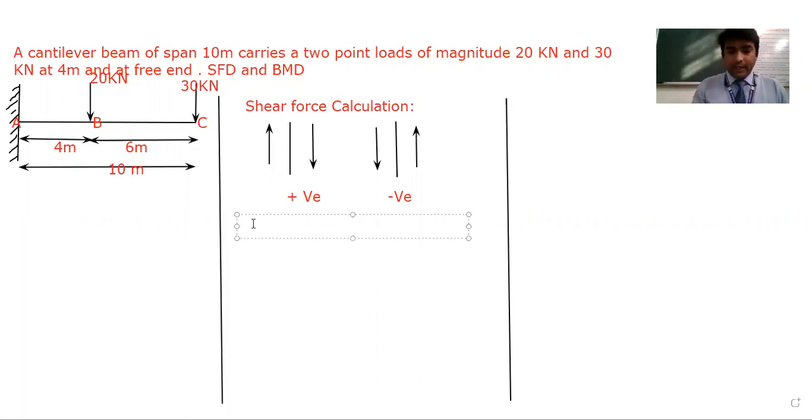In this case, the end point shear force calculation is calculated first. So you can say shear force at C right. Now you can see the C point is here. At the C right side, there is no force on the right side of the C section, so it is considered as 0.